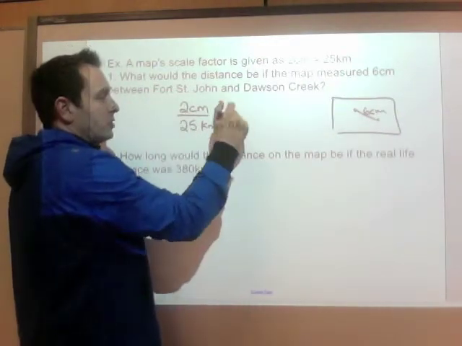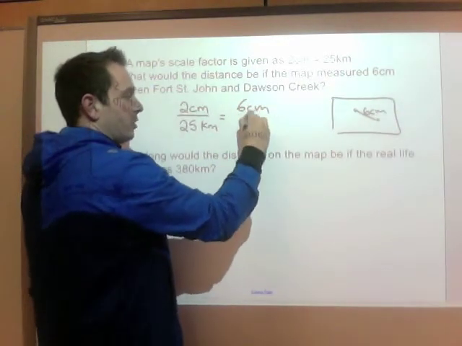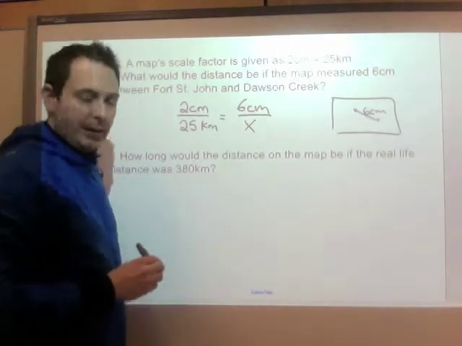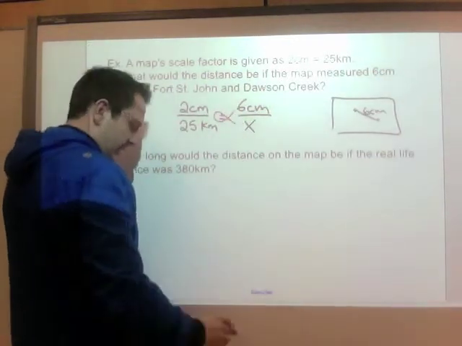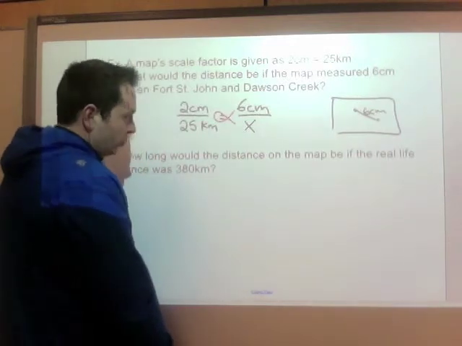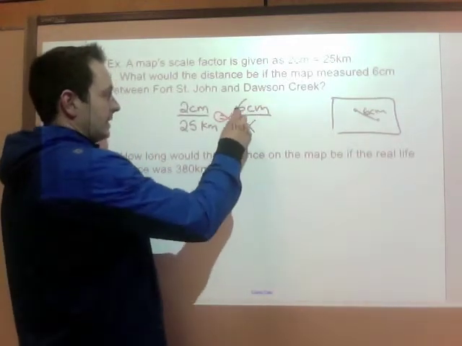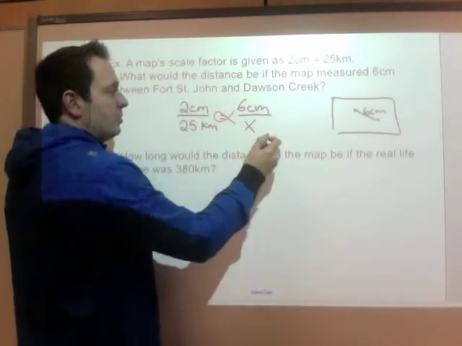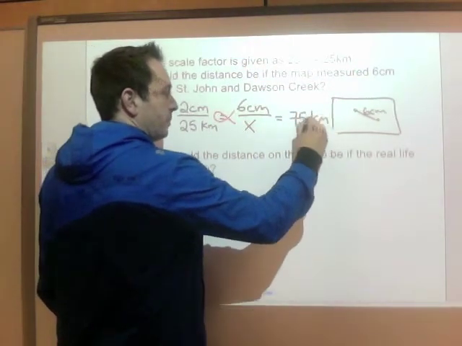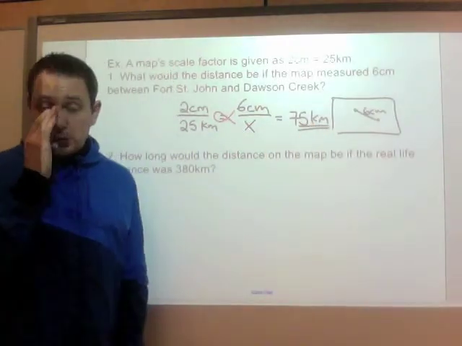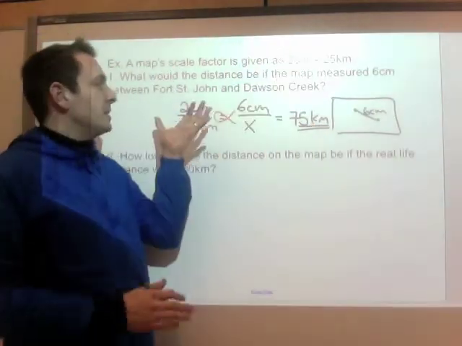So if map's on top, map stays on top, how far is it in real life? And now you can cross multiply or use your fish technique, and you will get 6 times 25 divided by 2 equals 75 kilometers apart.